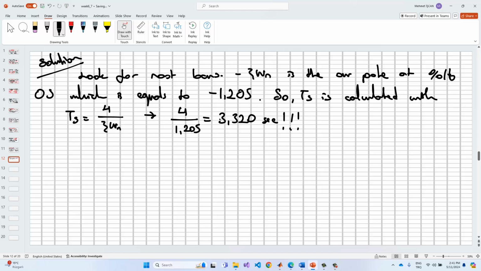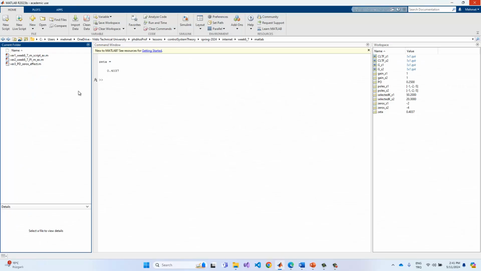We need to divide these terms by 3 to equalize the results of the Ts to the other terms. But how can we calculate the minus 1.205? How can we find these terms here? We need to copy all of these things here.